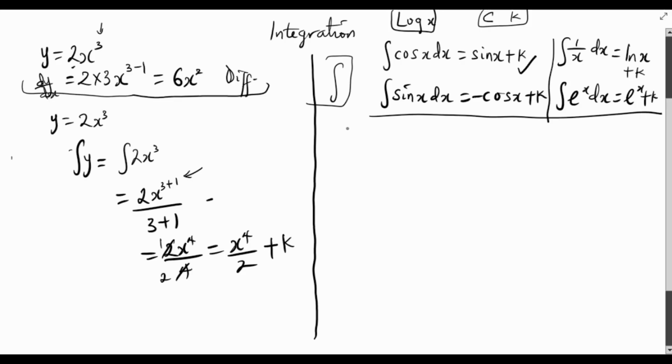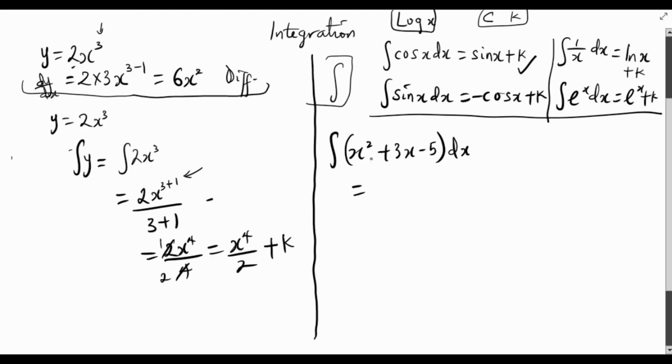Alright, so let's look at this example. Integrate x squared plus 3x minus 5. Whenever we integrate, we always put dx in case the variable is x. So how do we integrate this? First of all, we take it step by step.